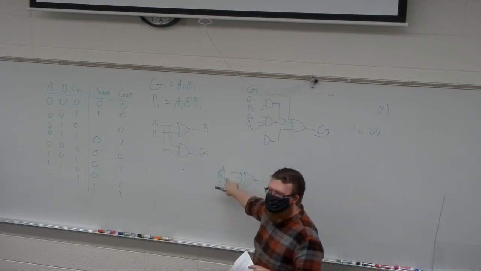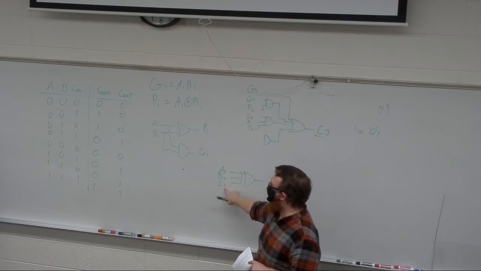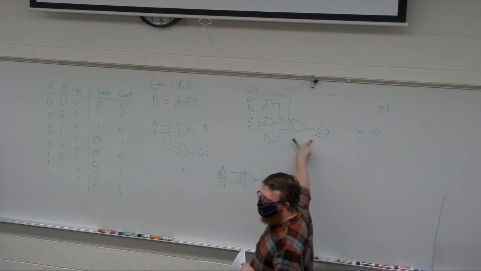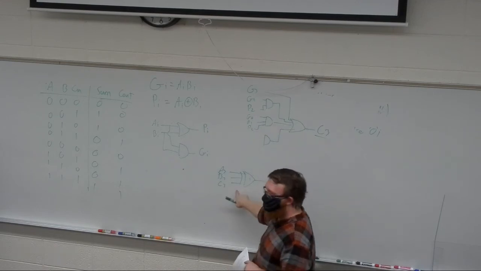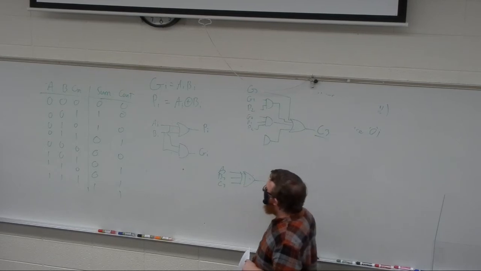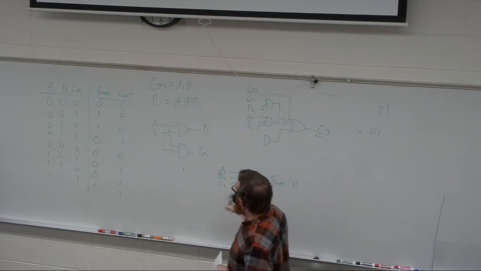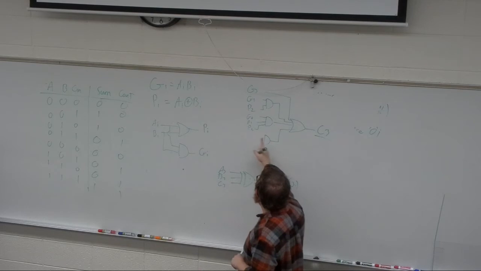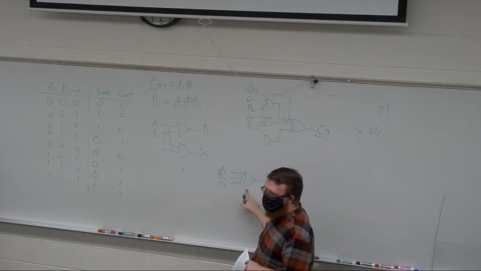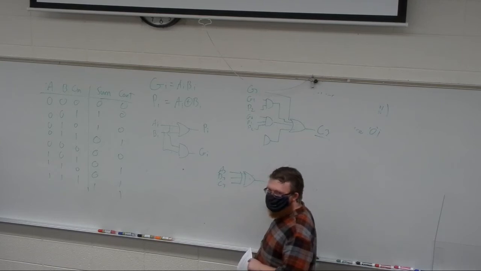Because I know what A3 and B3 are because they're inputs. Carry 3 is calculated by propagate, generate, calculate, and fed there, giving me sum at 3. So in as simple as 1 gate delay, 2, 3, 4 gate delays, I have all sums.